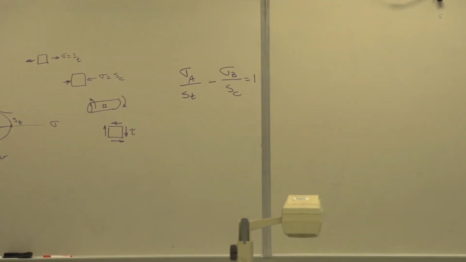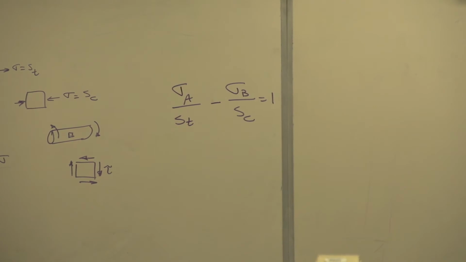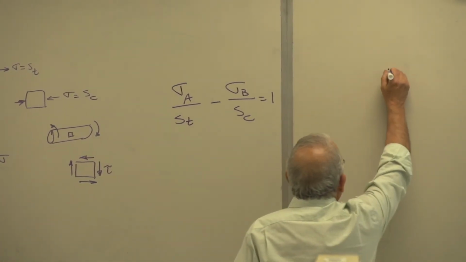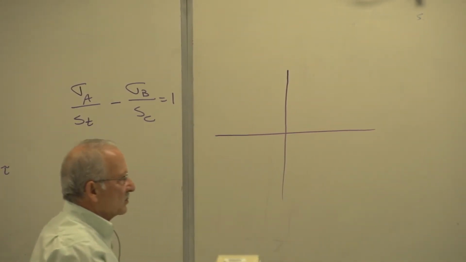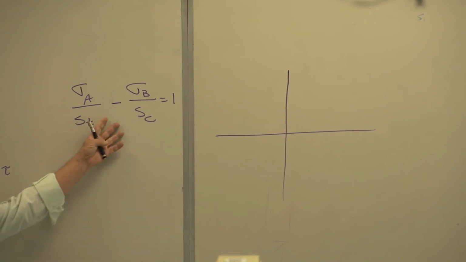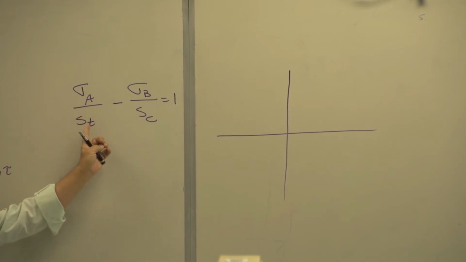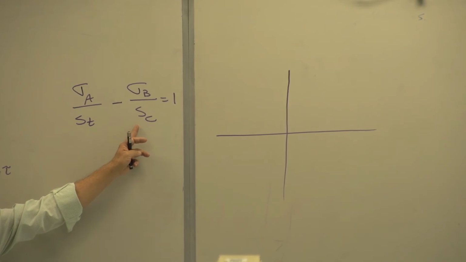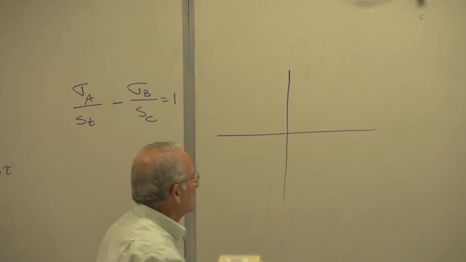When we look at this, I say, well, rather than drawing this in a sigma-tau coordinate system, let's draw it in this coordinate system. And this specifically refers to the case in which one of your principal stresses is positive and the other principal stress is negative. They don't have to be equal. There's just one needs to be positive and the other one negative. Like, for example, in shafts.